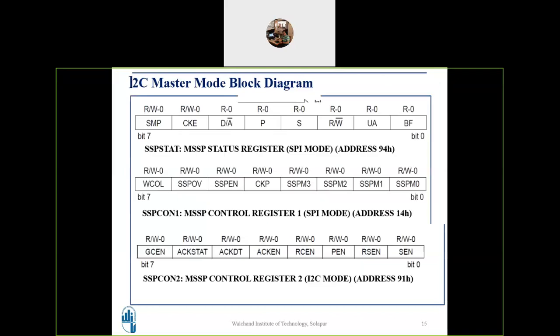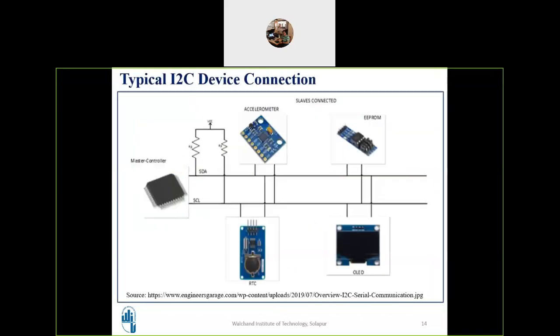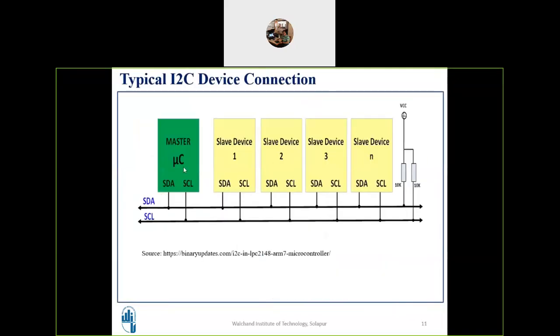Because again, if you go to this diagram, if you are sending some data, let us say this device is sending the data, that data will be available onto SDA, and SDA is this bus, connected to all of these, which means the same data is available to all the slaves. If you want to communicate with this particular slave only, how will it be possible? For that, addressing is done.